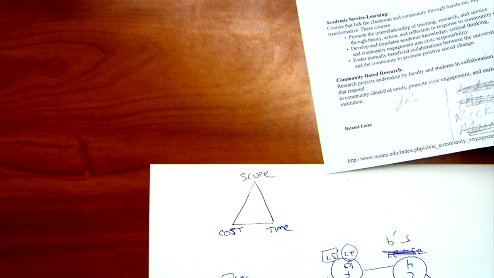If I want to reduce the cost, what can I do? I take longer, right? Or maybe I can do less. Does that make sense? So same thing with scope. If I want to do more, well, it's going to take more time, more cost. So those are related together, which is why sometimes they call it the scope triangle, sometimes the iron triangle.